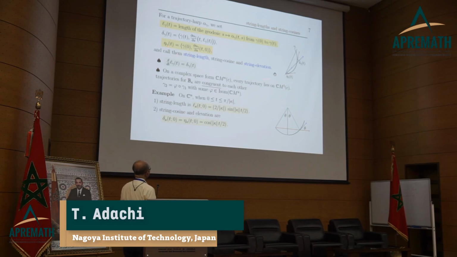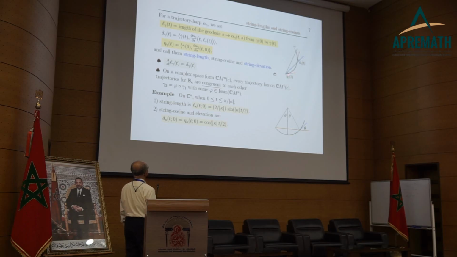And eta is the same kind of inner product here. We shall call them string length, string cosine, and string elevation. By direct computation, the differential of the string length coincides with the string cosine.